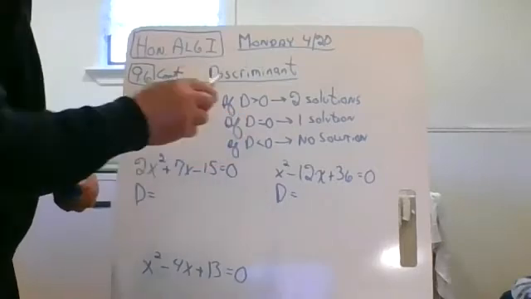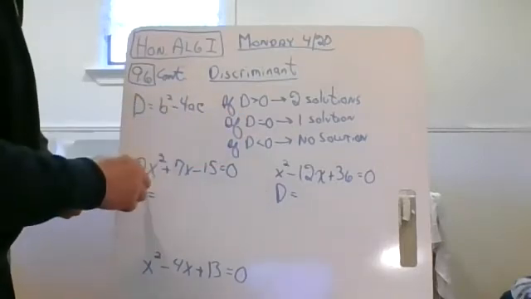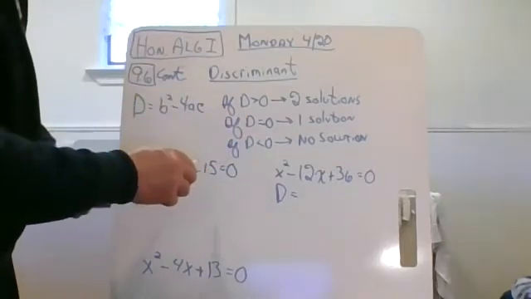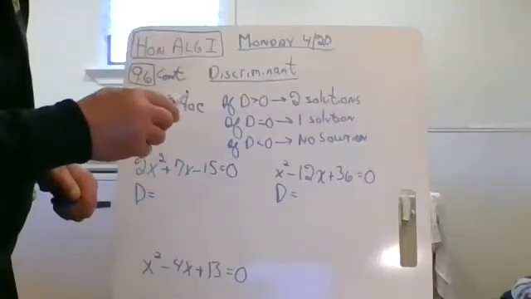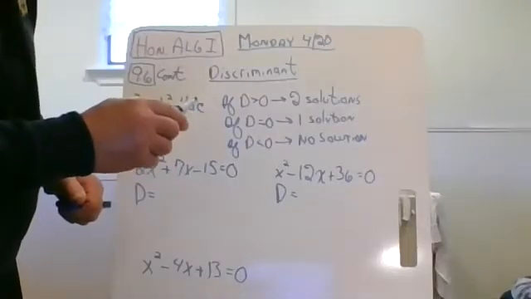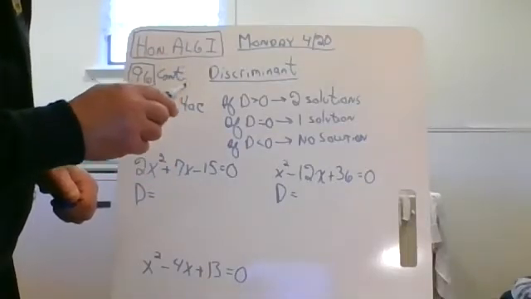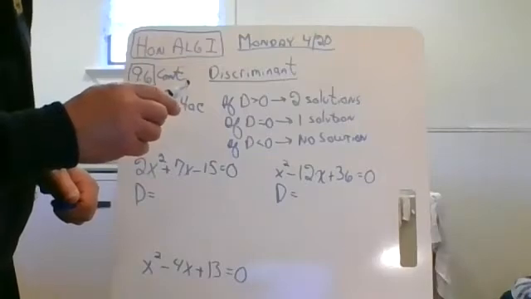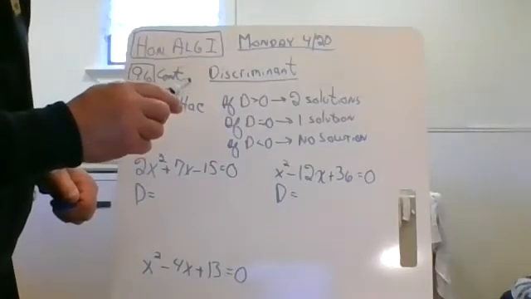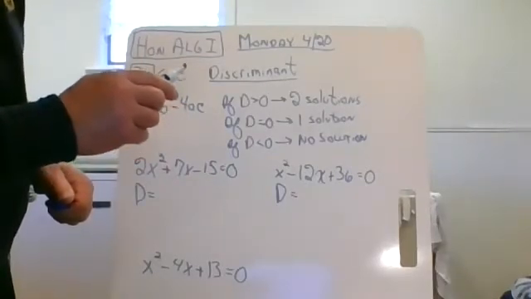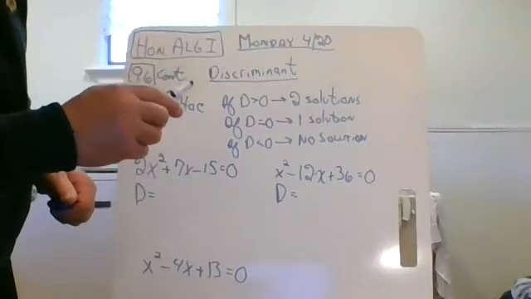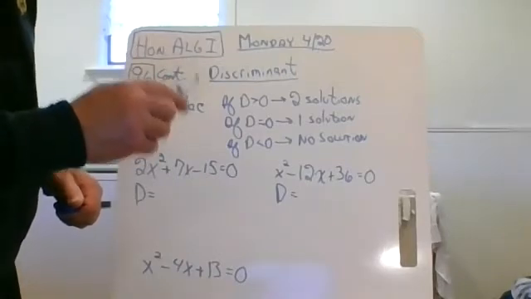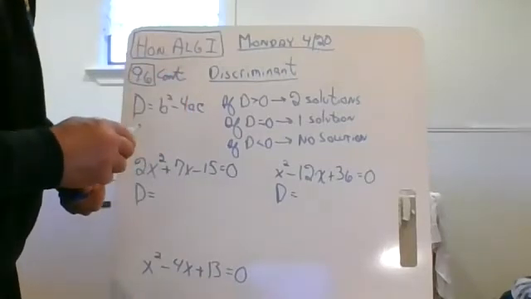Then you have one solution, and if you were graphing your equation, you would have one x-intercept, and that would be the vertex on the x-axis, because the solution would be negative b over 2a, which we know is the x value of the vertex.